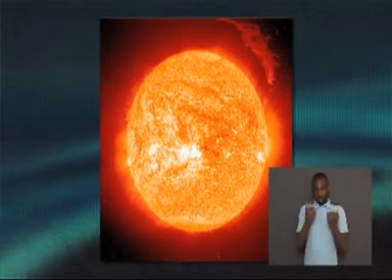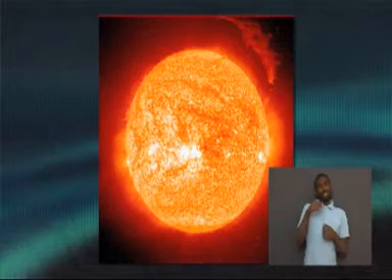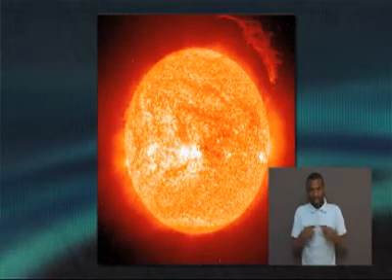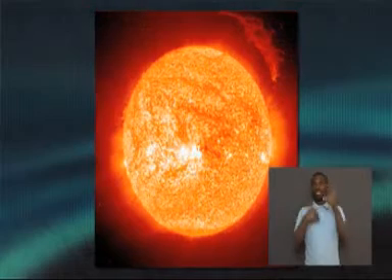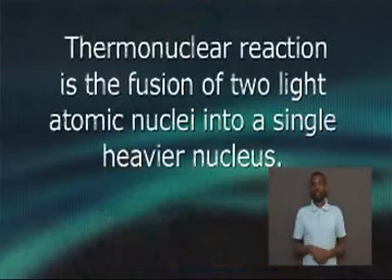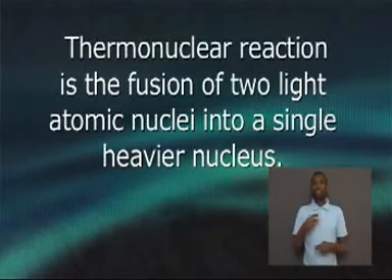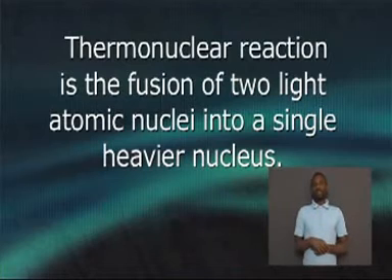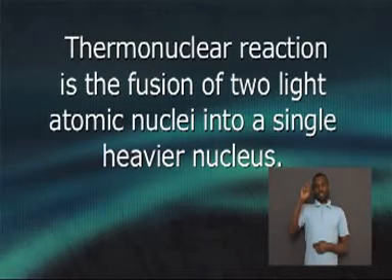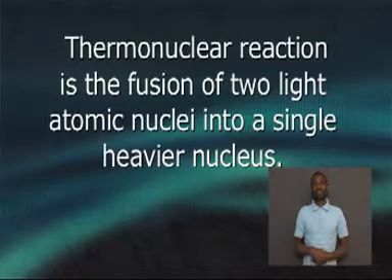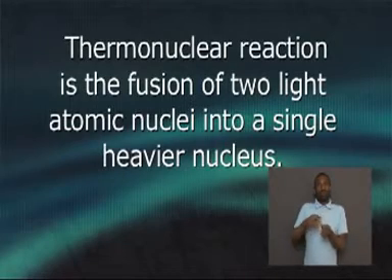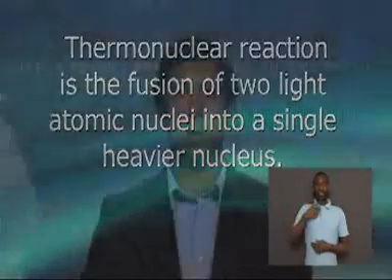In fact, you now know that such a reaction would produce an incredible amount of energy. This kind of reaction is referred to as a thermonuclear reaction. It is what powers the stars and the sun.